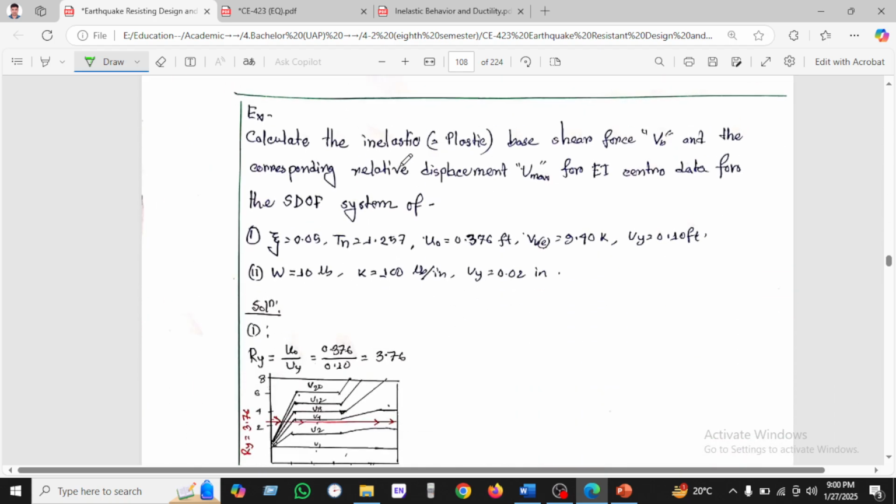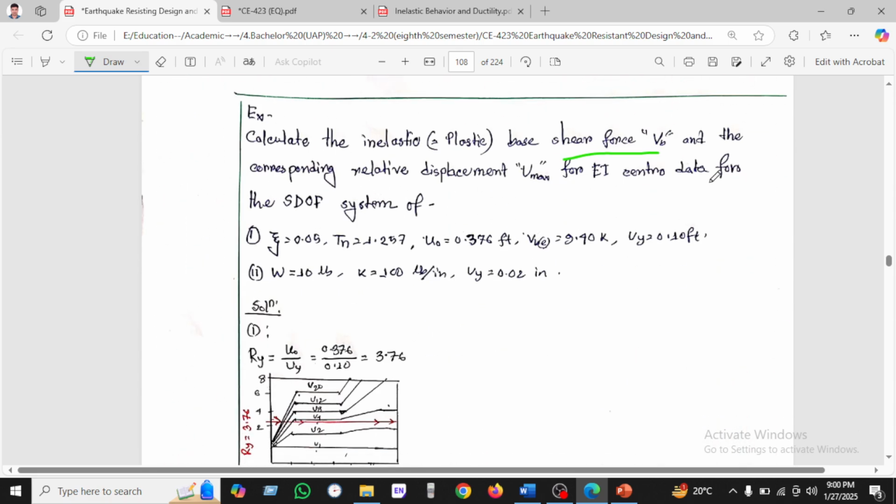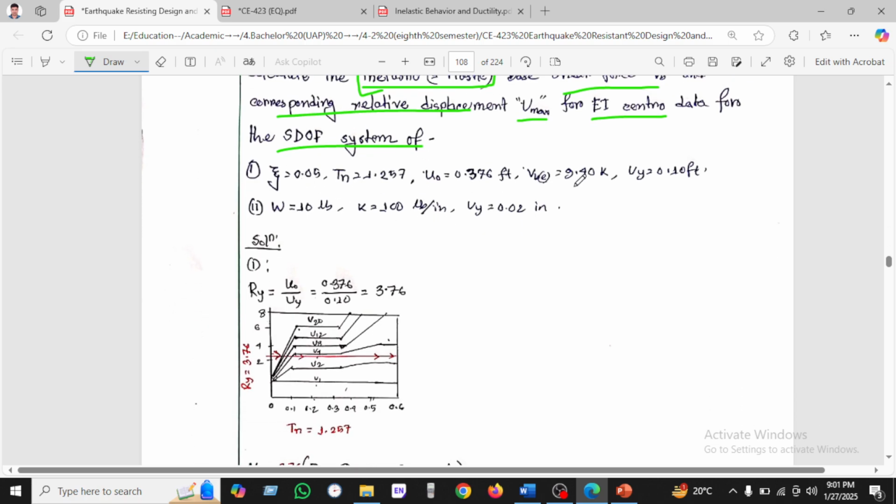This is to calculate the inelastic base shear. I will say another after this. Okay, calculate the inelastic, that means plastic, base shear for the corresponding relative displacement u max for the El Centro data given for a single degree of freedom. So all data are given.